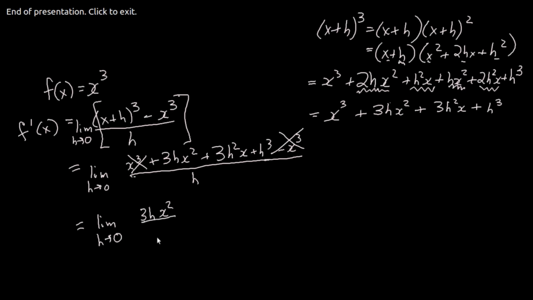So I have a 3hx squared over h, and those h's go to 0 at the same rate, so this is just 3x squared times h over h is 1, and the limit of h over h as h goes to 0 is still 1, even though the quantity would be undefined when h goes to 0. So this tells us that the derivative with respect to x of x cubed is 3x squared.